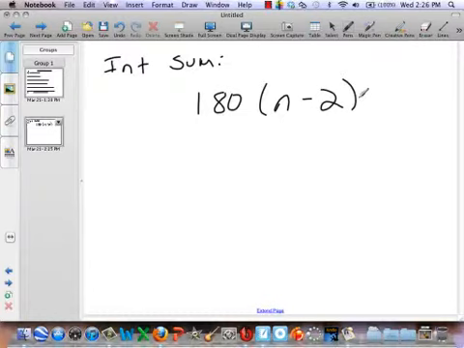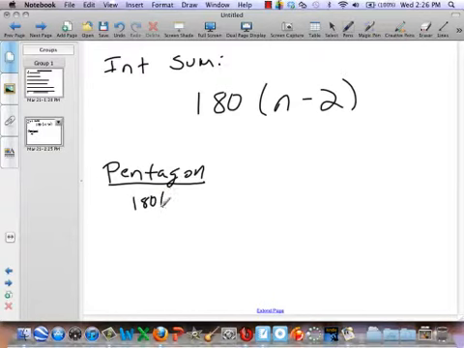So part of your homework tonight is going to say, alright, so we have a pentagon. What's the sum of the angles for a pentagon? Well, how many sides are in a pentagon? There's 5. So therefore, 180 times 5 minus 2. What's 5 minus 2?